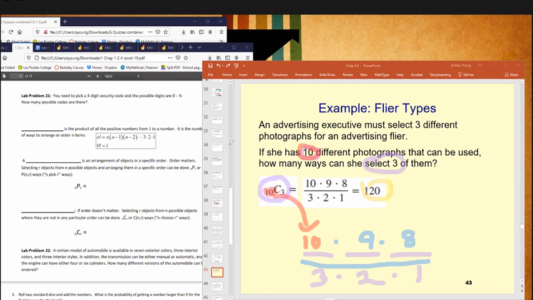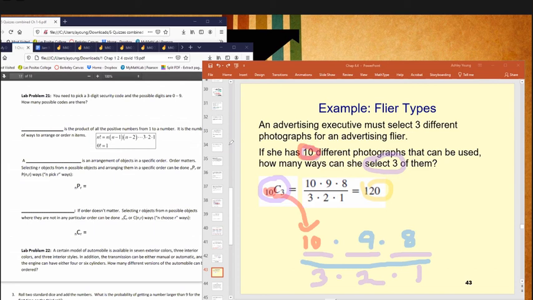Because one photo would go here, another photo would go on the second page, another photo would go on the third page. So it'd be basically like, I need 4 baseball players versus I need a pitcher, a catcher, an outfielder. Yes. Yep. Okay.